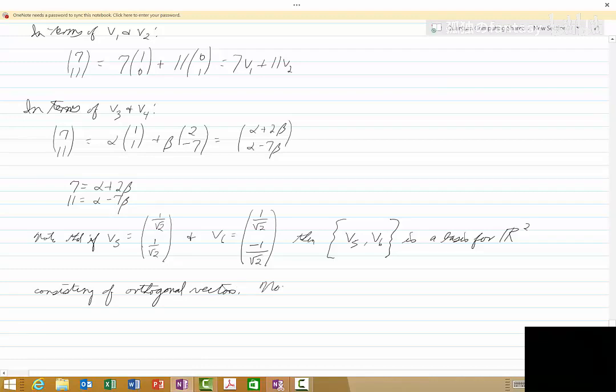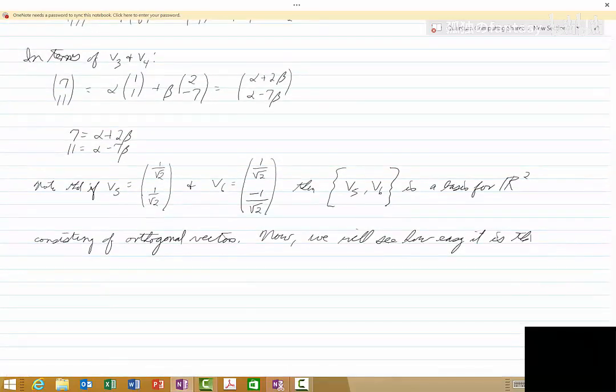Now we will see how easy it is to express the 7, 11 in terms of these vectors.